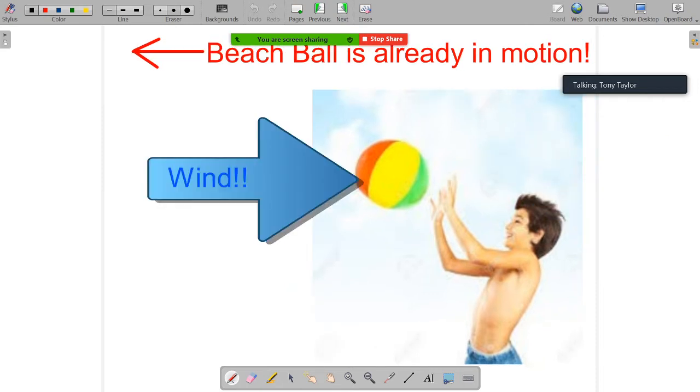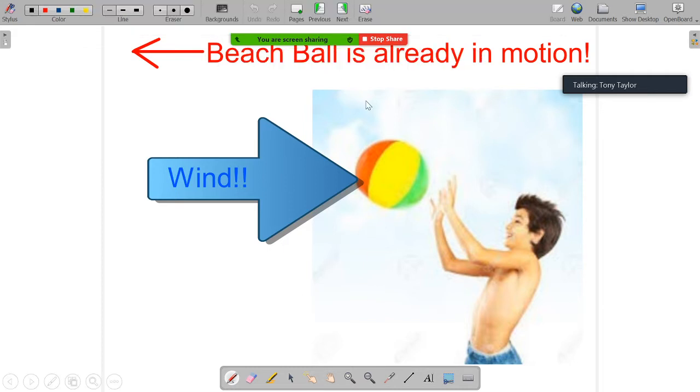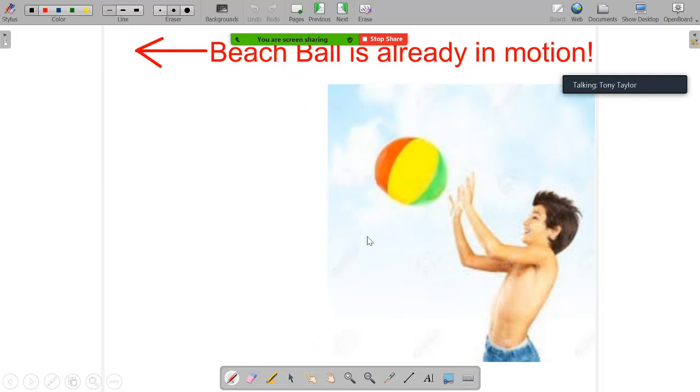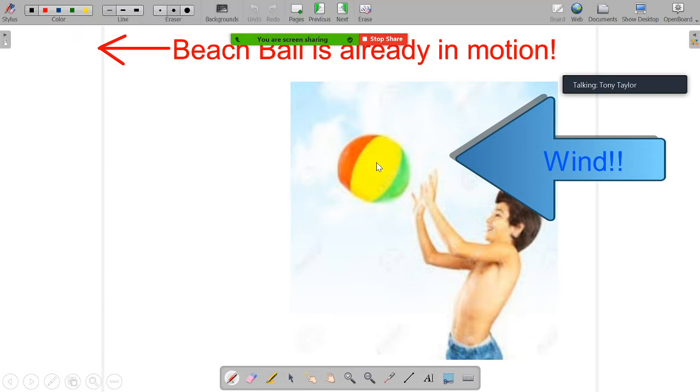I'm going to say that again. If the force acting on the object acts opposite the direction of motion, the object is slowing down. If the force acting on the object is acting in the same direction of motion, then the object will be speeding up. That's common sense. Hopefully, everybody got that.